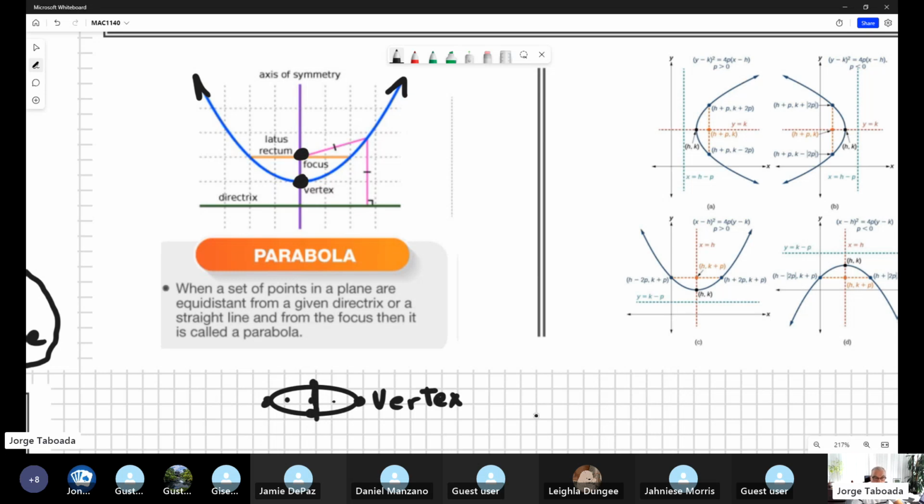And we have two important lines. One is the axis of symmetry. Look at that, the axis of symmetry is one line, which normally we draw as a dotted line, and this dotted line splits the parabola into two equal parts. That is the reason it is the axis of symmetry. That distance is exactly the same as that distance.